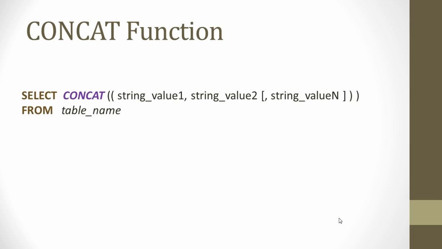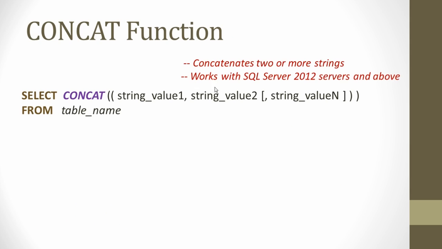Now the concat function, this is how you would be using it. Select, concat, and you separate out all the strings that you want to concatenate by commas. One thing is this doesn't work with SQL 2012, so I won't be able to show this to you, but it's available if you have SQL Server 2012 or any latest version.